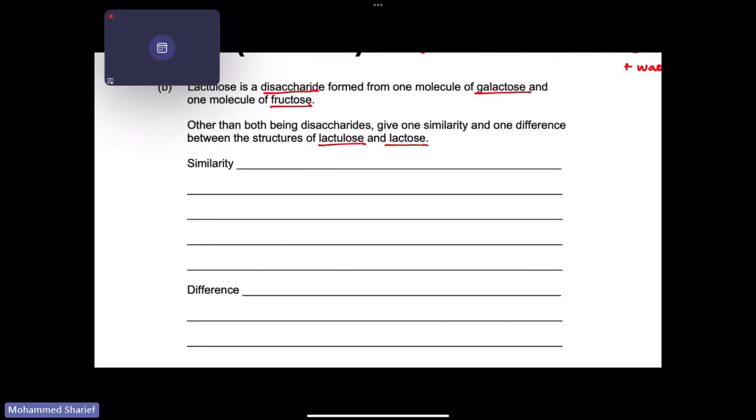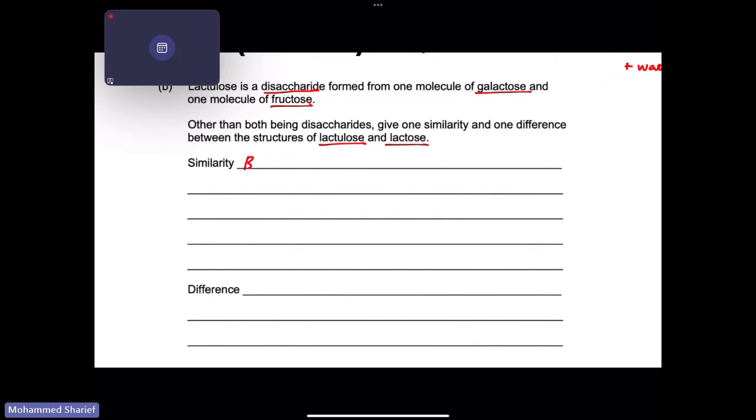Okay, so that's our first similarity. So both disaccharides are going to contain a glycosidic bond.